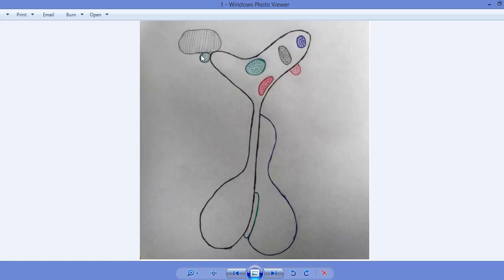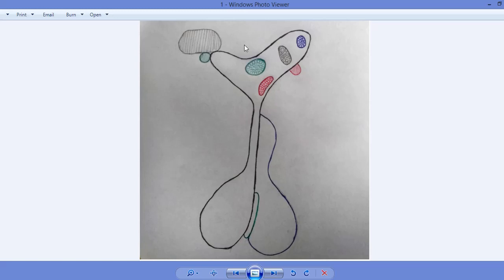We will talk about the mammillary body in another lecture. The mammillary body is present posteriorly to the hypothalamus, and over here the midbrain is present. So in the front of the midbrain, the hypothalamus is present.